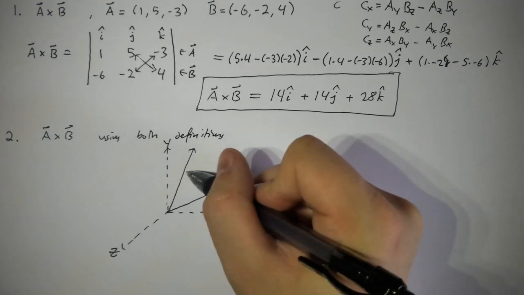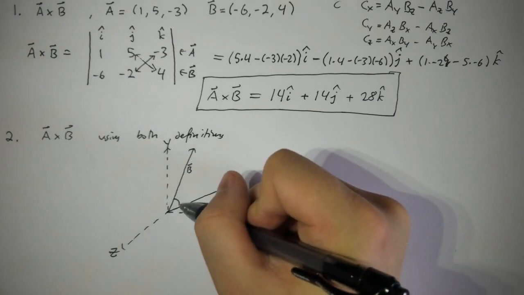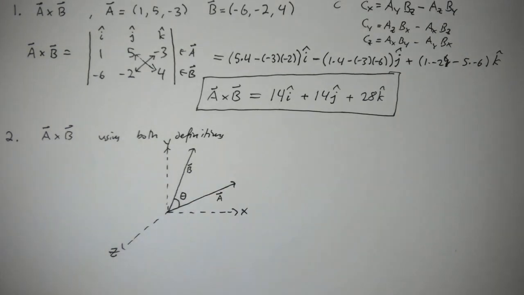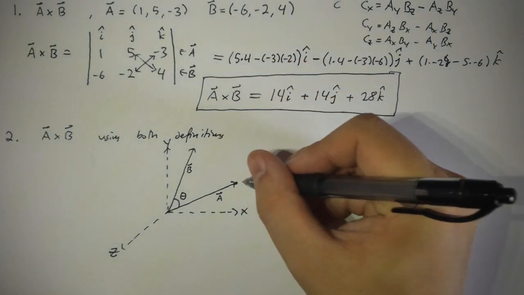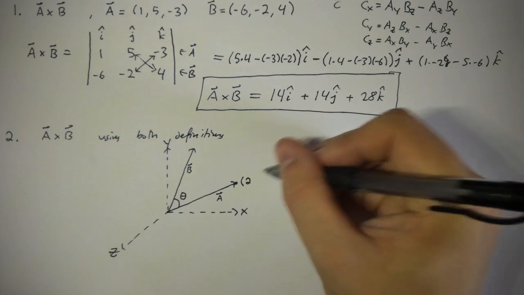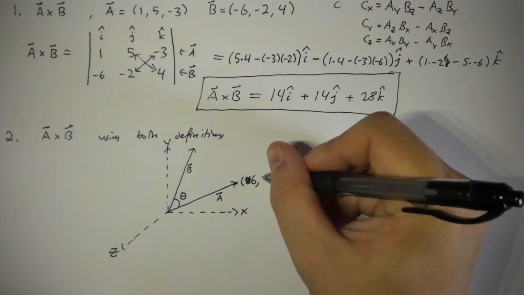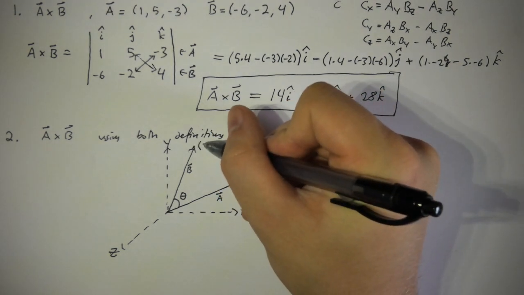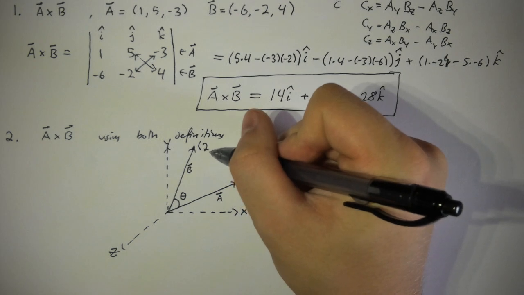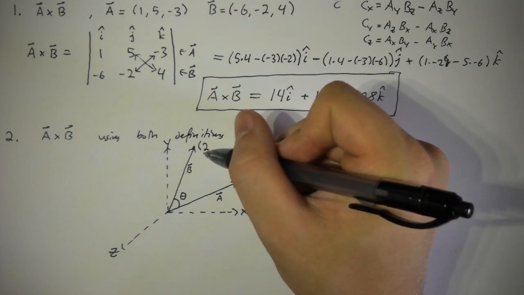This one will be A, this one will be B, and we've got an angle between the two, which is unknown. This point is 6, 2, 0, and this one is 2, 5, 0.